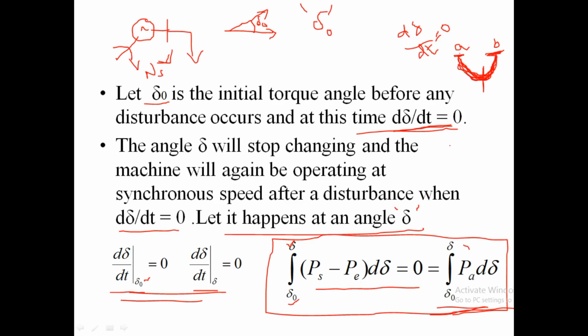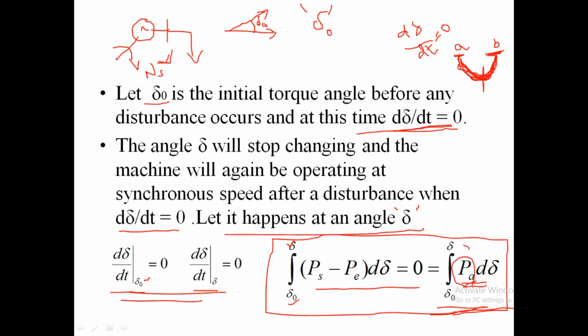Practically it means, integration means we are finding the area under a curve. So here, from delta 0 to delta, its integration becoming 0 means that the area under this Pa, the accelerating power, is becoming 0. That is the point you should understand from this. If this integration from delta 0 to delta is 0, it means the area we are considering under this accelerating power is 0.